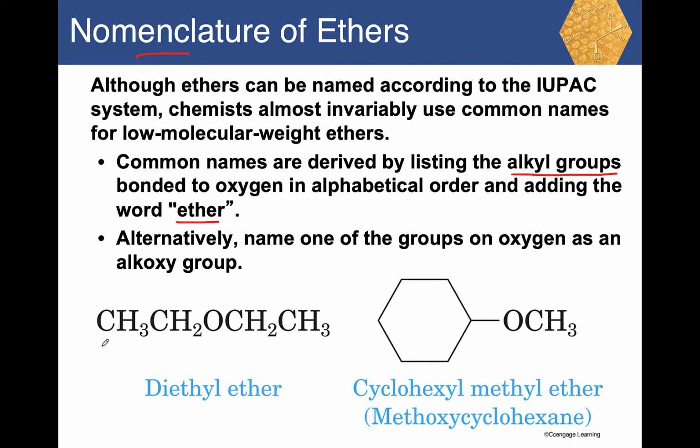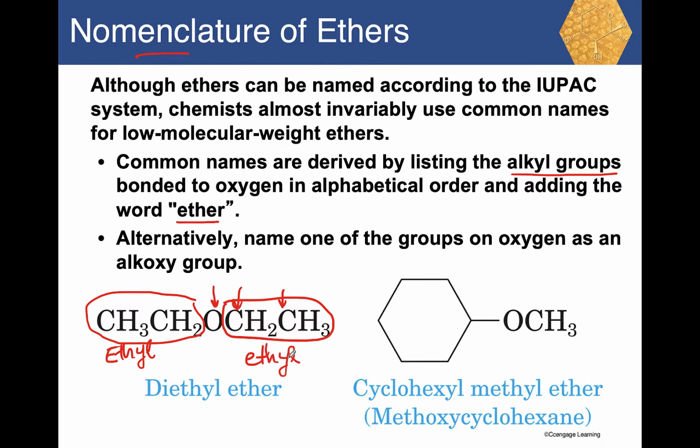So let's look at this molecule. Here's the oxygen. Here we have CH2CH3, which is an ethyl, and bonded to this same oxygen is a CH2CH3, and this is an ethyl also. Why ethyl?